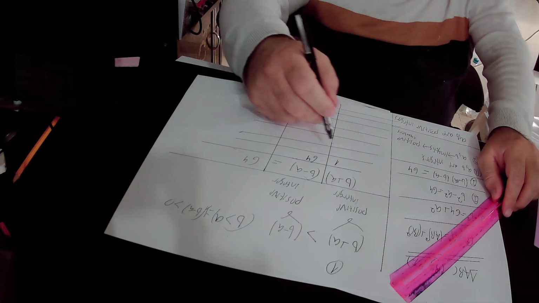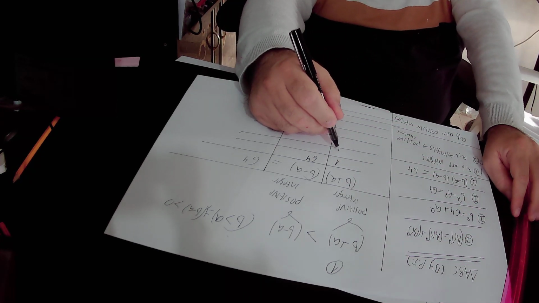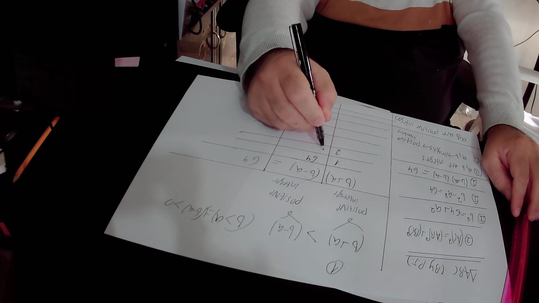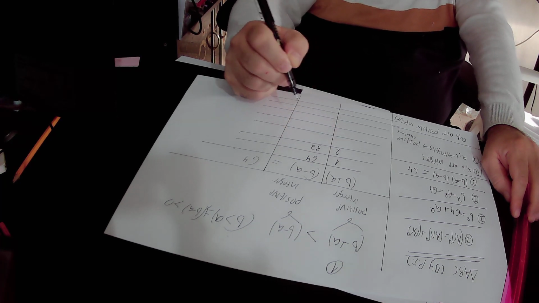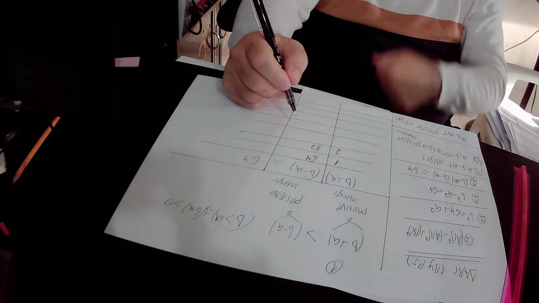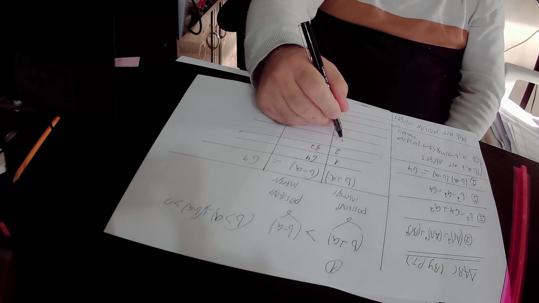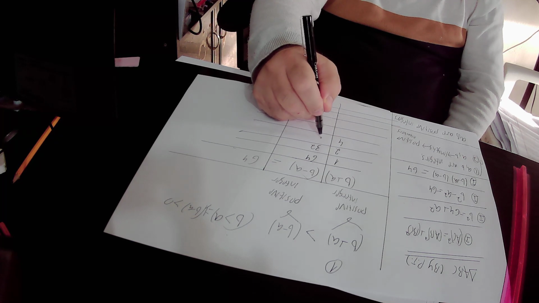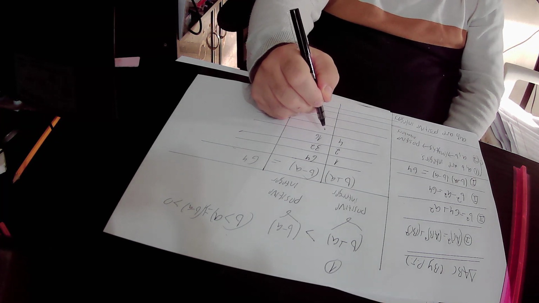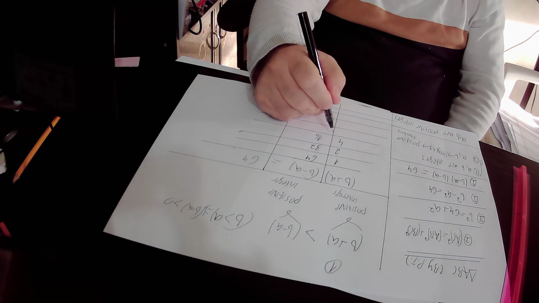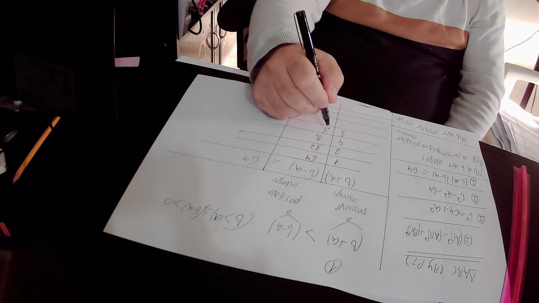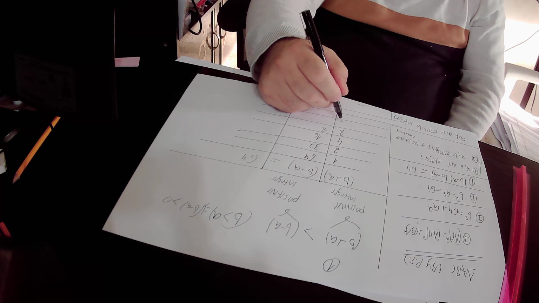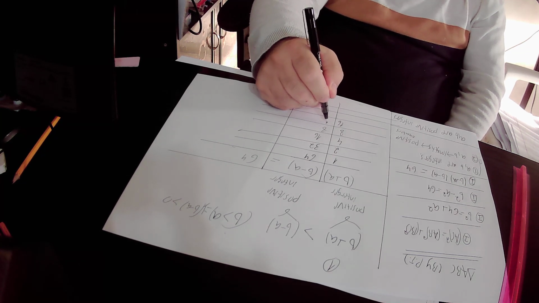The second couple will be 2 and 32. The third couple will be 4 and 16. The fourth couple will be 8 and 8. The fifth couple will be 16 and 4.